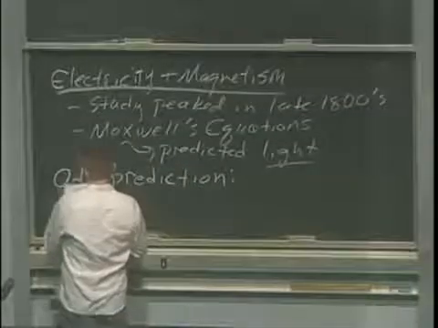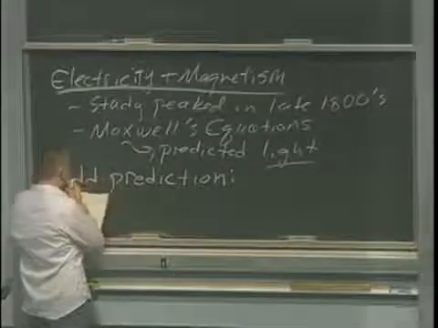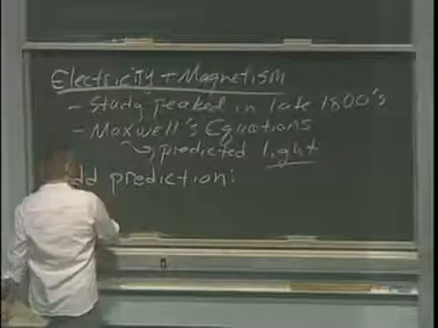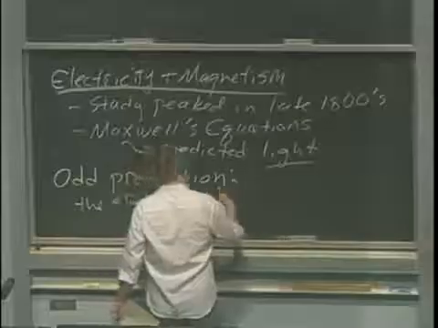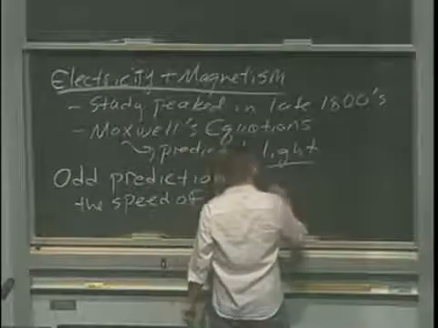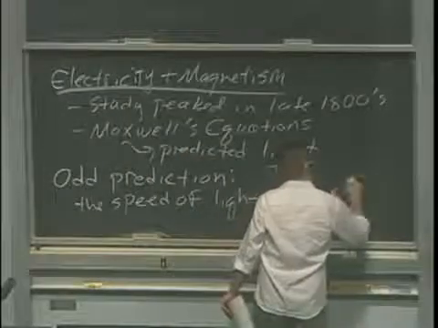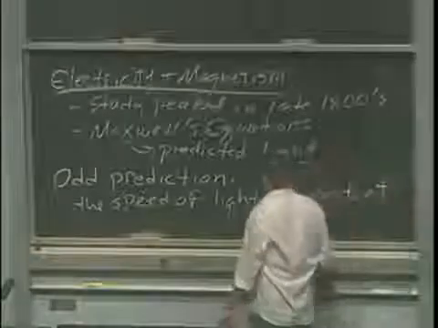Maxwell's equations predicted that the speed of light is constant for any frame of reference.